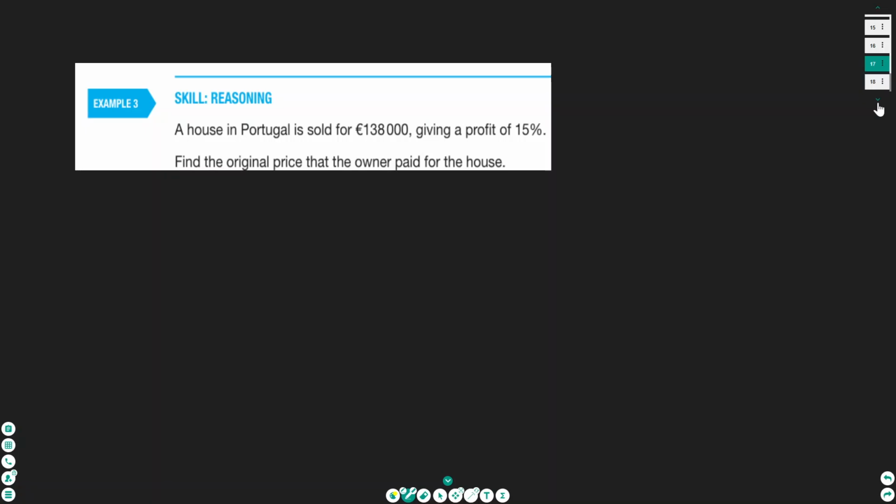Here we have a house in Portugal that is sold for 138,000 euros, giving a profit of 15%. Find the original price of the house. The profit gives you an indication that this is a percentage increase problem. So under a percentage increase problem, the multiplier will be 1 plus the percentage.